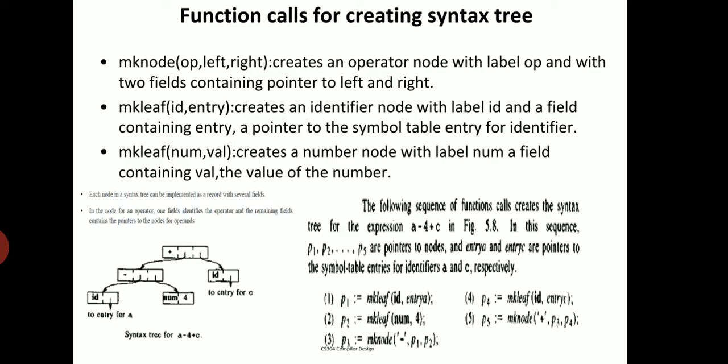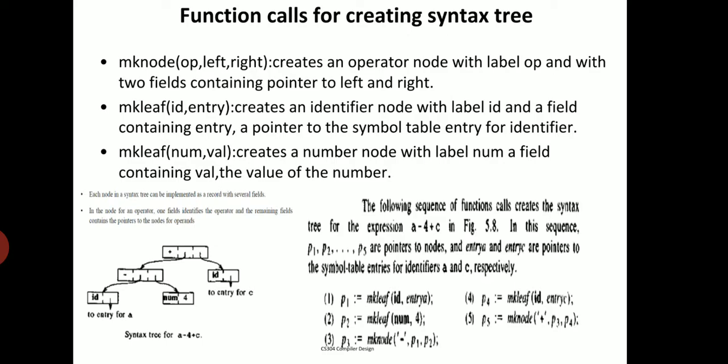Operator nodes have two pointers, left and right pointers, which can point to the children. Then a leaf node can hold the value of the identifier, also the value of a number. Then it points to the symbol table entry also. So mknode of op, left, right is the function called for creating the operator node.